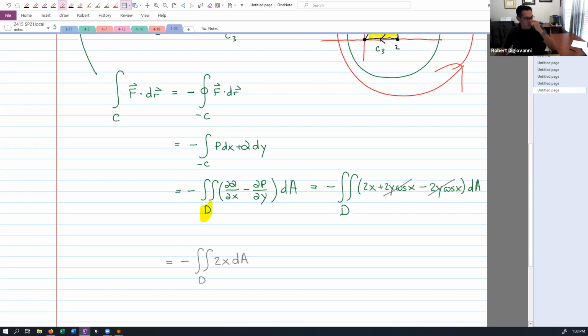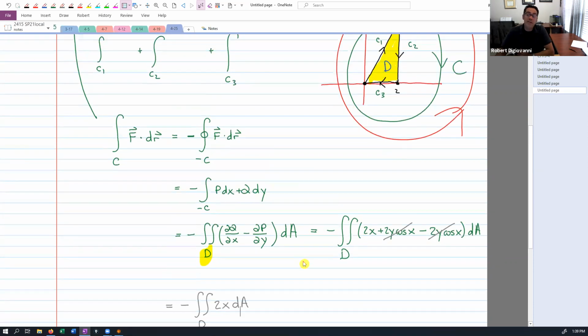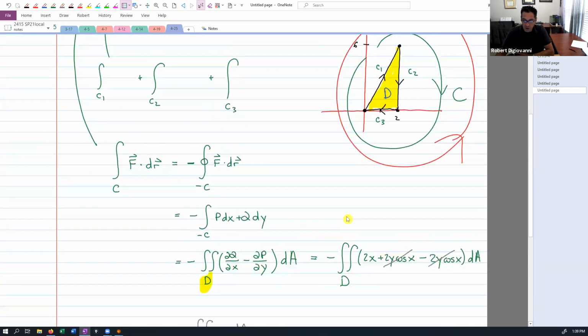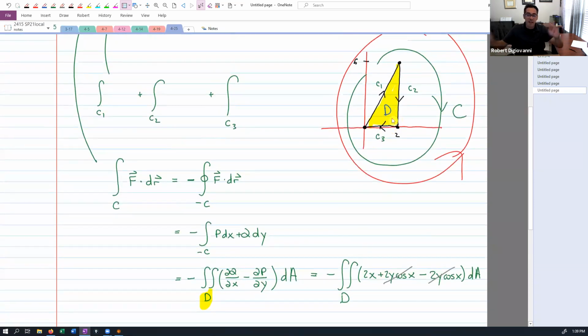Now look, we cannot do like we did earlier and just say, oh, this is just the area of D, because we have an x in here. But we can do this double integral. We're back to the beginning of this section. We're doing a double integral over D of a scalar function, where here's our region. That is a type 1 region.